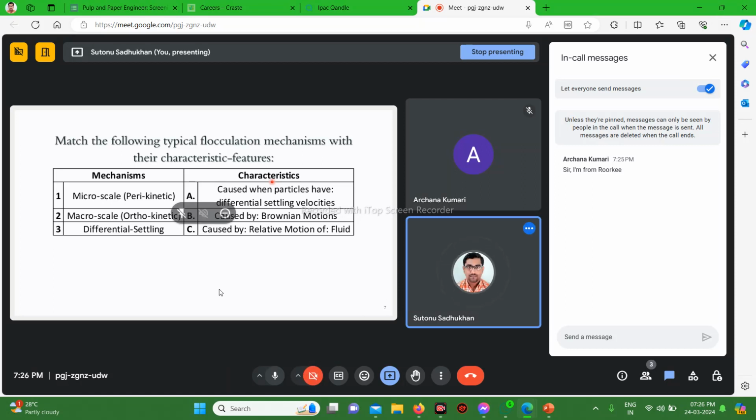Okay, you are from Roorkee. Okay, IIT Roorkee. From which background are you? BTech or MTech or BSMS? Sir, I have passed my MSc from Environmental Science. Oh, environmental science. Bachelor degree or masters?